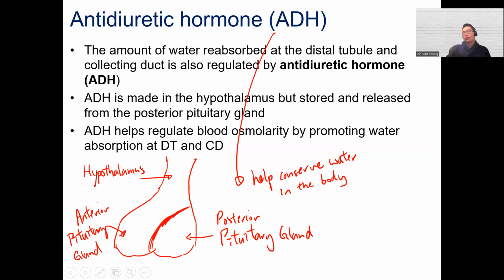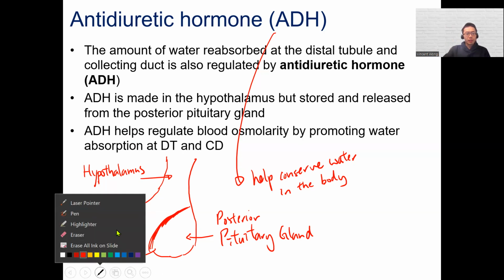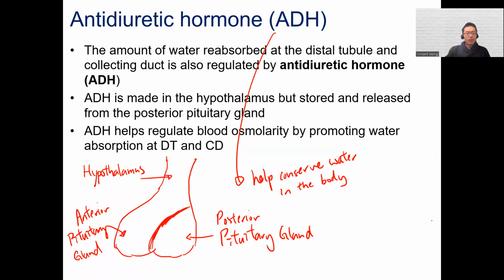Now you should already know that there is a relationship between how the hypothalamus and the pituitary gland function. They work together to maintain homeostasis. Exactly how they work together, we're going to talk more about it. But here is one thing that we should know. Let me choose a different color here. Within the hypothalamus, there are some neurons.